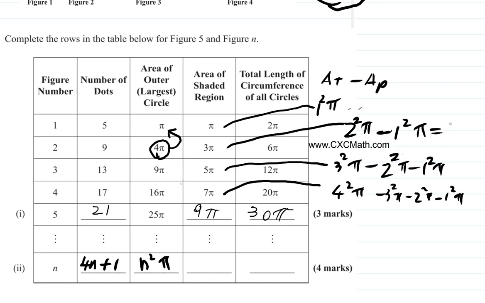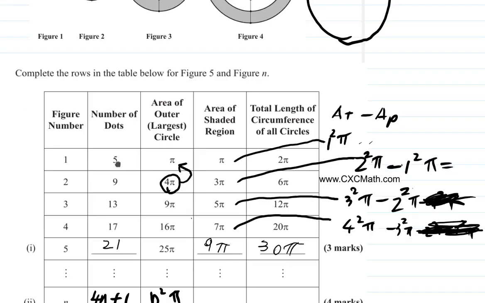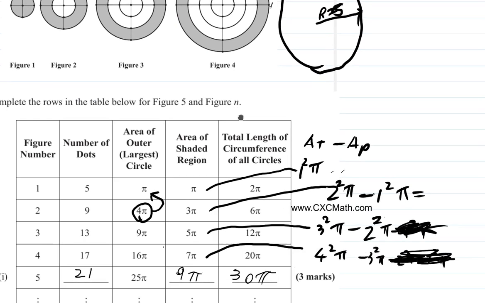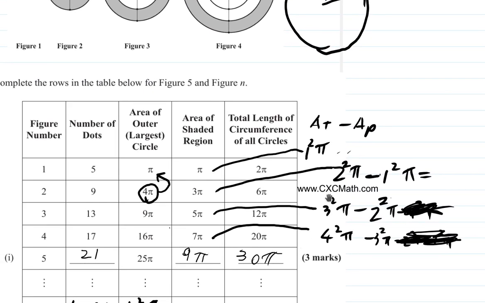I didn't need to do all of this minusing, right? 3 squared pi, 9 pi minus 4 pi. This part here, I didn't need to do all of this. My mistake here. When we find the outer minus the inner, this inner already included everything here, so was my error in putting all of that minusing business together. So this wouldn't be needed, this would be needed.